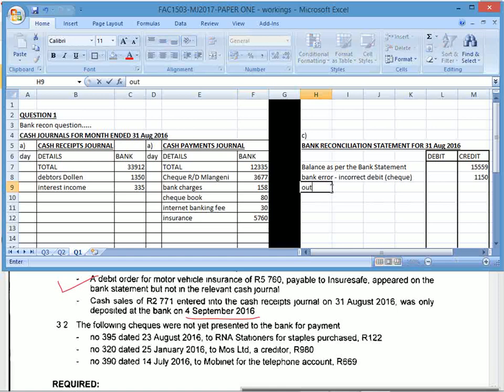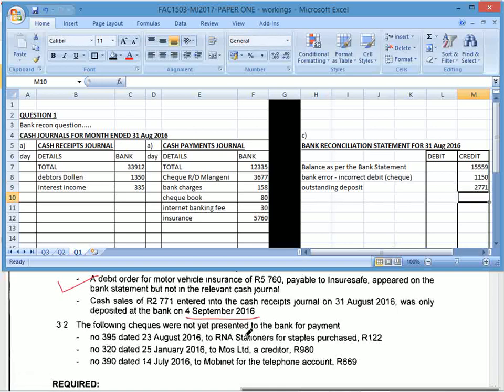An outstanding deposit. Okay, if you go to the bank on the last day of the month, you're not going to see that deposit for that month because it's going to take maybe a few hours or a day to clear. Does it make sense? Good. Right, so the outstanding deposit is going to eventually go through, and when it does, your bank balance is going to go up.